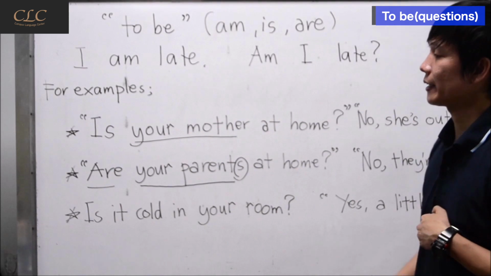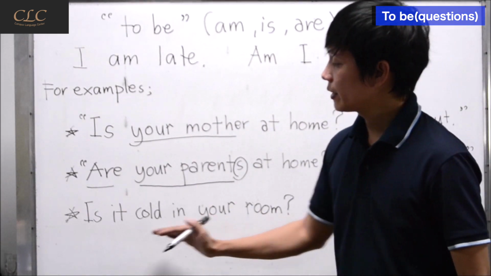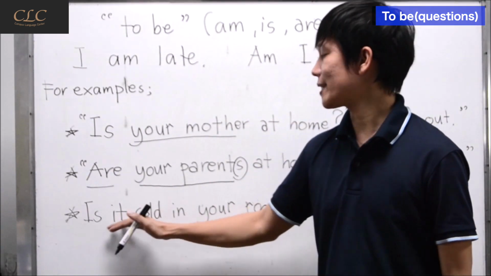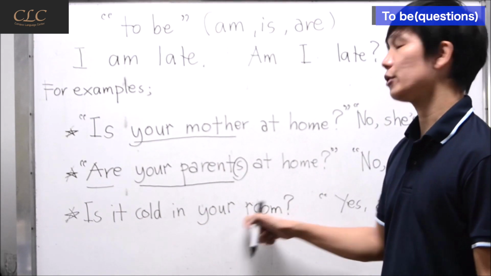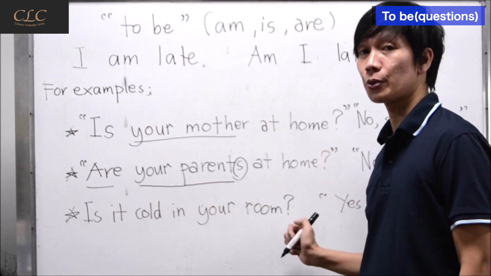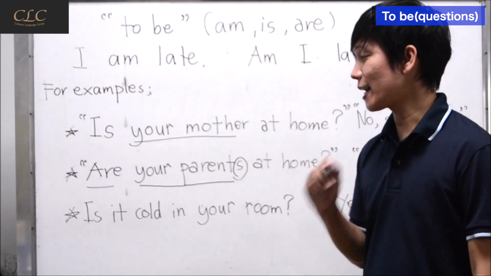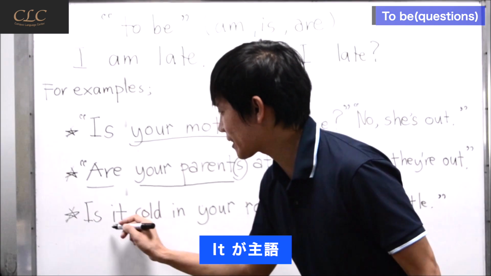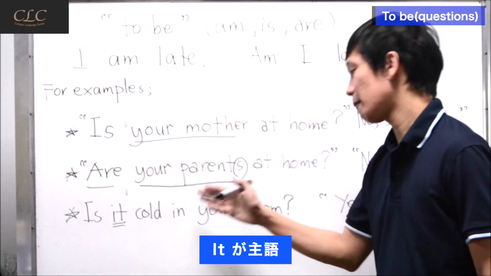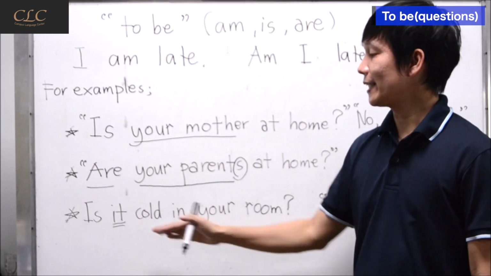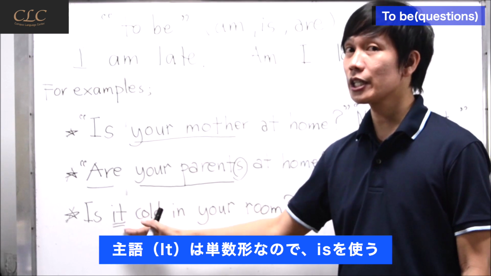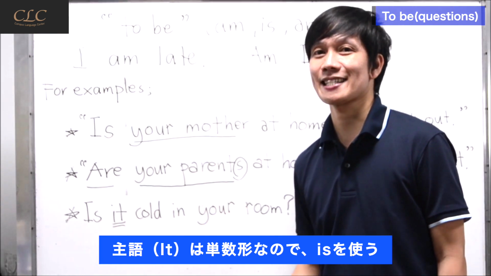Okay, now let's have the last example. Is it cold in your room? What is the subject? Yes, the subject is it. Remember in our chart earlier, it is singular, so we should use is.